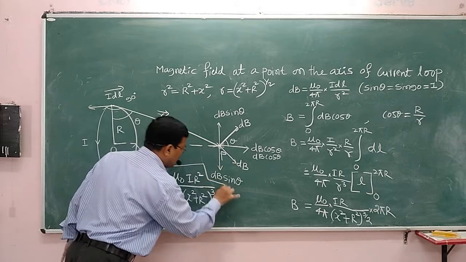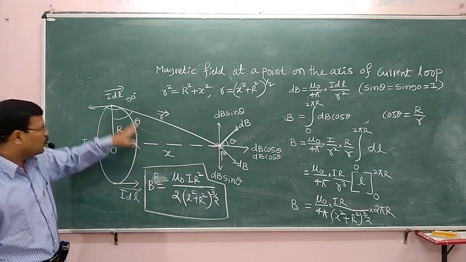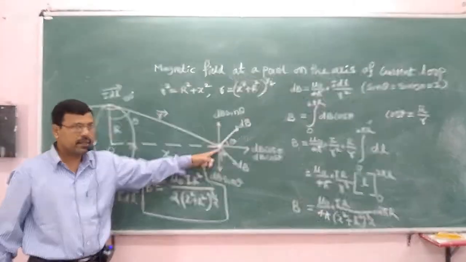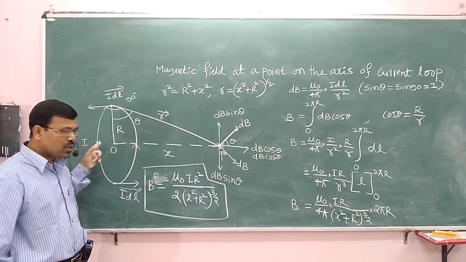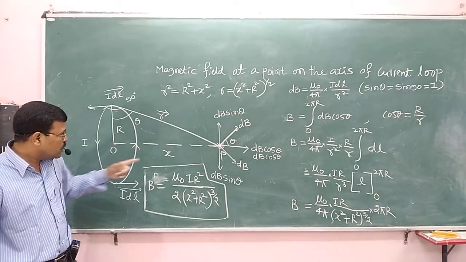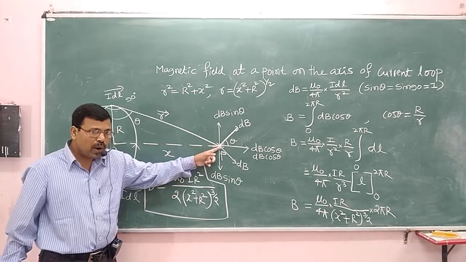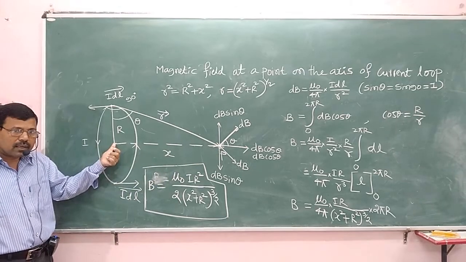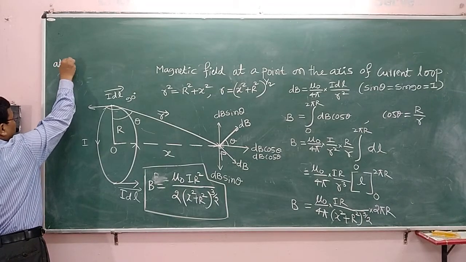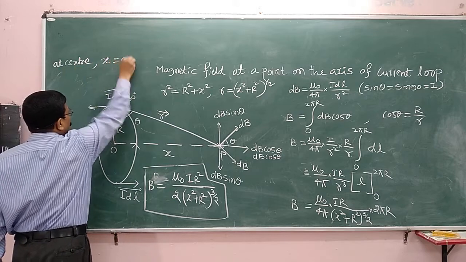This is the magnetic field produced at this point due to the current carrying coil. This point is the point which is lying on the axis of the coil. So this point may be here. If this point is shifted to the center of the coil, what is the magnetic field? At center, x is equal to 0.